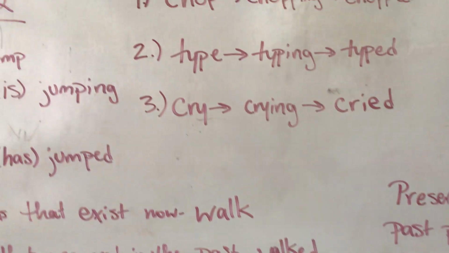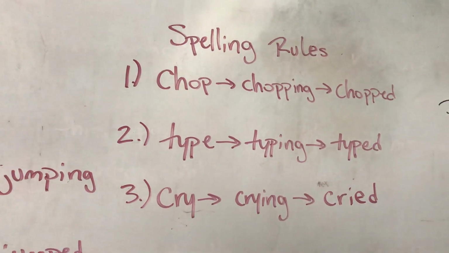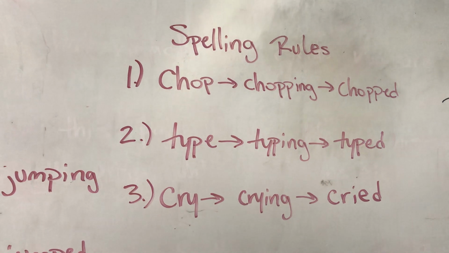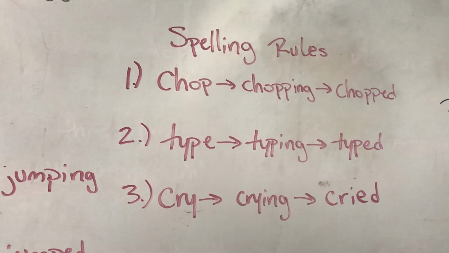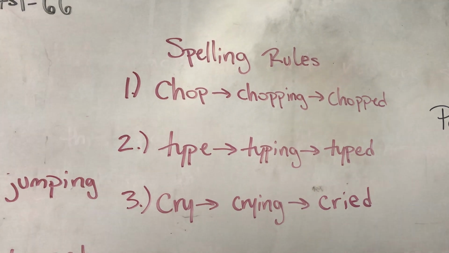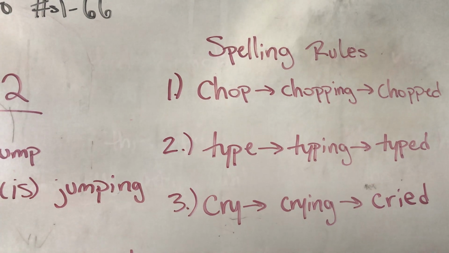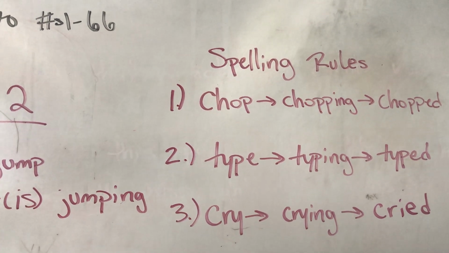And then we want to remember our spelling rules. So number 1, we have the example chop, and then we're turning it into chopping for our present participle, and then chopped for our past tense. The first rule refers to our 1-syllable verbs ending with a single consonant.